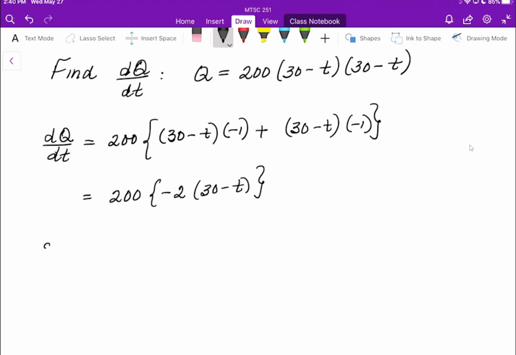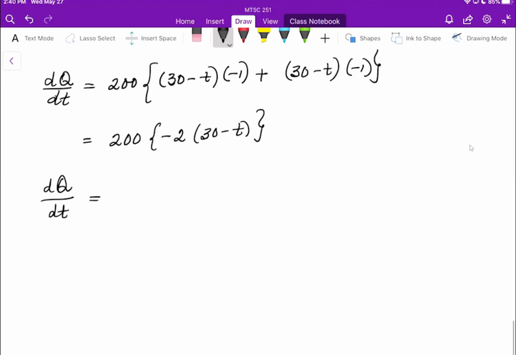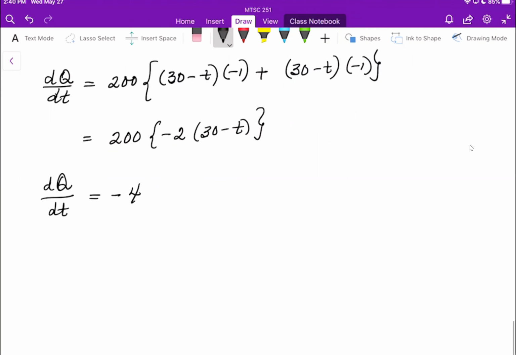So now we get dQ/dt is equal to minus 400 times 30 minus t.